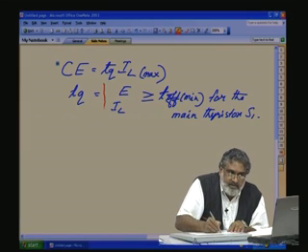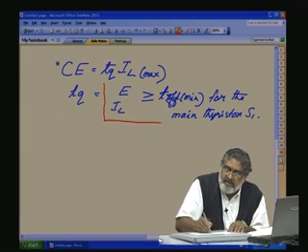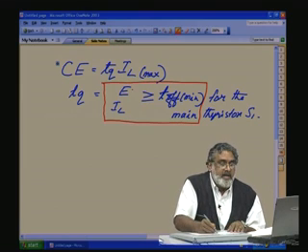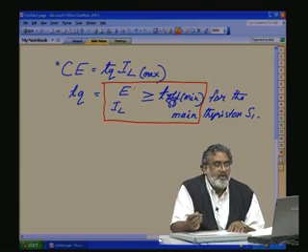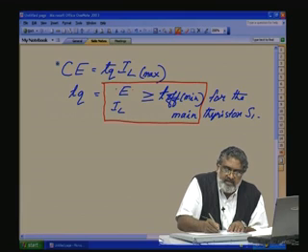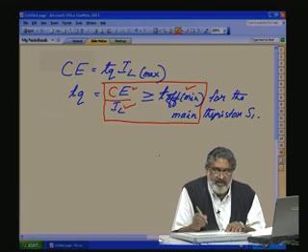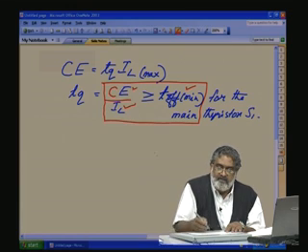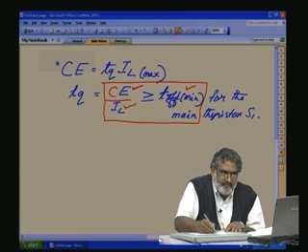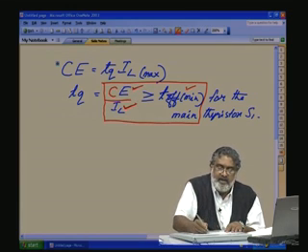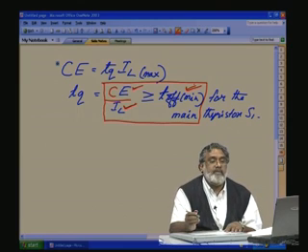From this equation we can find out TQ. This is C. So, from this equation, E is known, IL is known, T of minimum is known. From this equation, we can find out C.